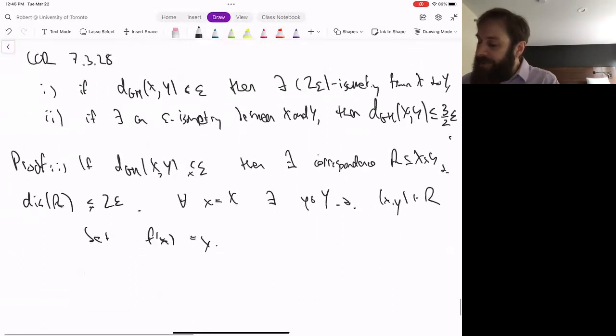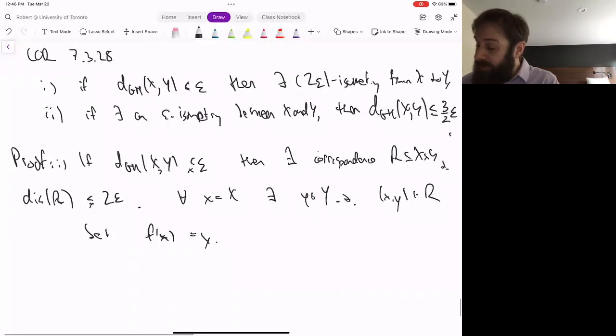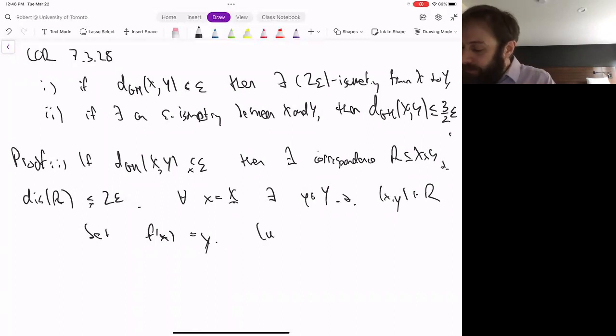Notice that I just used the axiom of choice, because if X is an uncountable space, I look at all possible y that correspond to a given x and need to choose one of them.